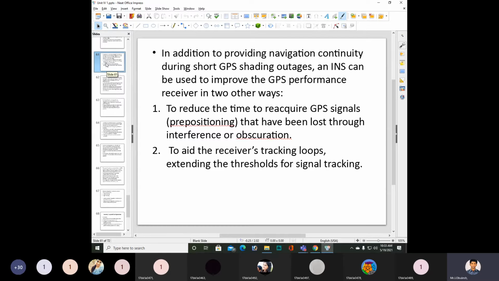The first one is to reduce the time to reacquire GPS signals, or pre-positioning, that have been lost through interference or obscuration.